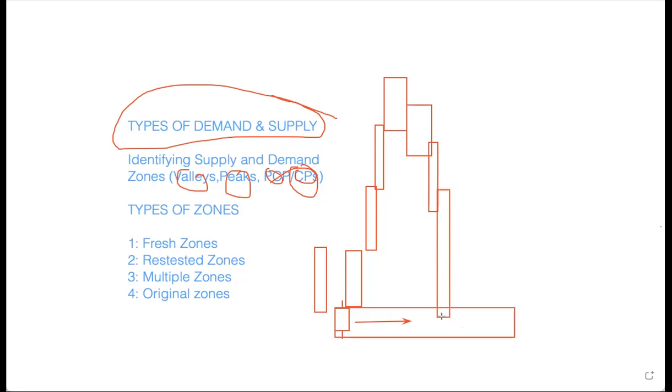So when price comes back to test this area, which we call a fresh zone, now this area will no longer be fresh. It will be a tested zone. It will be a retested zone. So now when you trade this particular pattern, guys, a fresh zone is a high probability trade, meaning there are 90% chances of that area working out or being profitable when you take that position, all right?